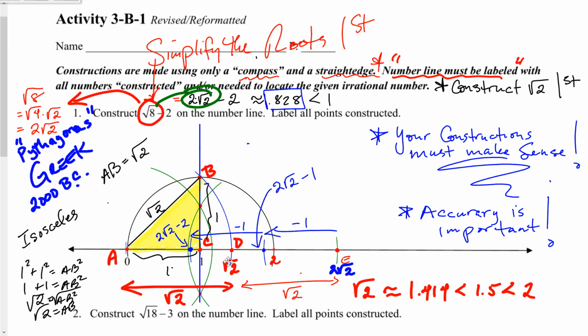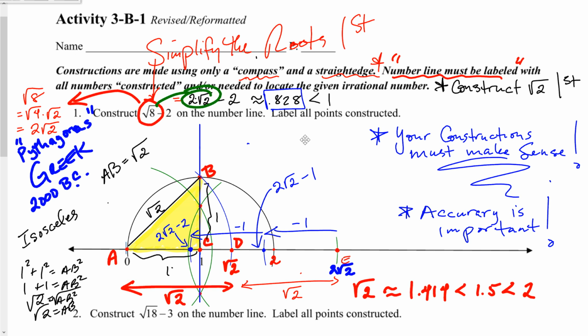Then, using the distance of root 2, which in this case is from A to B, or on the number line from A to D, you simply use that distance with your compass and mark off 2 root 2, and then come back 2 units to get to root 8 minus 2. As a decimal, that is about 0.8, rounded to the nearest tenth, which is obviously less than 1. So the end result was a little bit before 1, because 0.828 is less than 1.